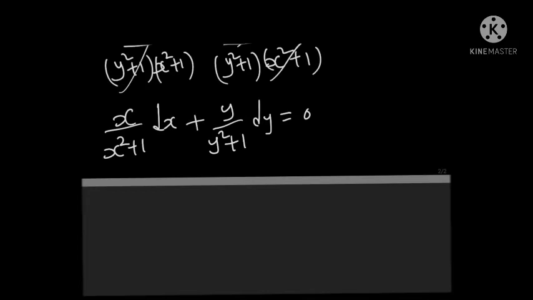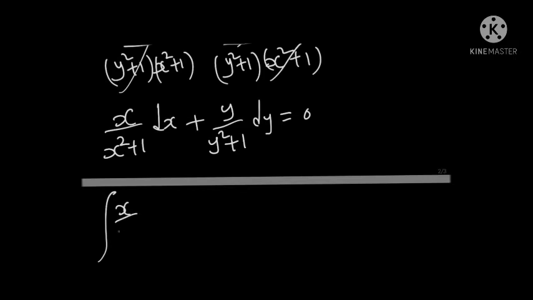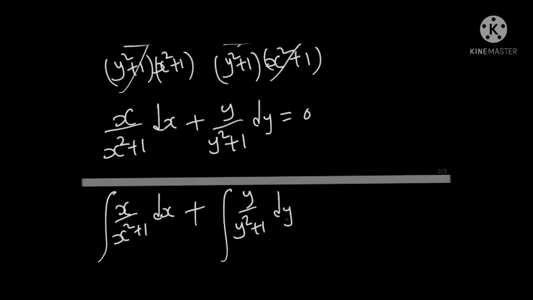Since we have separated the variables, we can now integrate. So we have the integral of x over (x squared plus 1) dx plus the integral of y over (y squared plus 1) dy equals constant c.